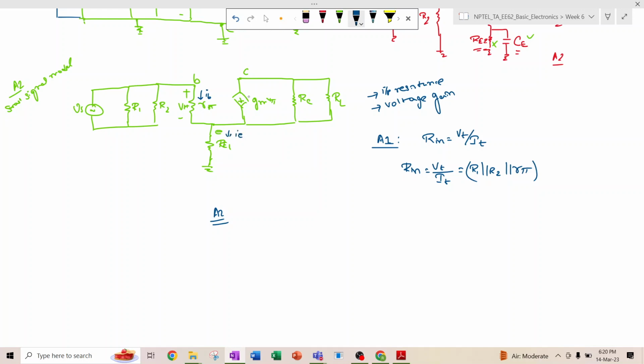Here we have IE current flowing, and here we have beta IB current flowing because it is the IC, collector current. So IE is nothing but IB plus IC, and IC is, as I have already written, beta IB. So it will be 1 plus beta times IB.